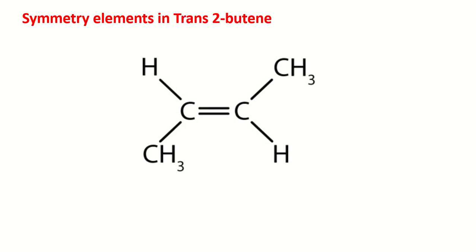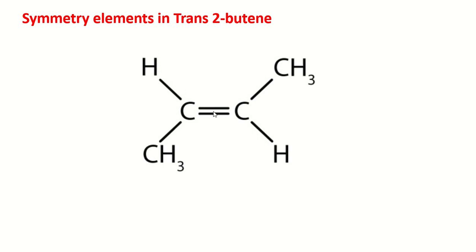So let us find out about the inversion center. Is there any kind of inversion center in trans-2-butene? Yes. We know that the inversion center is a point in the center of the molecule from which, if we travel in any direction, for example in this direction, and we find any atom or group, a similar atom or group should be present on the directly opposite side of that point.